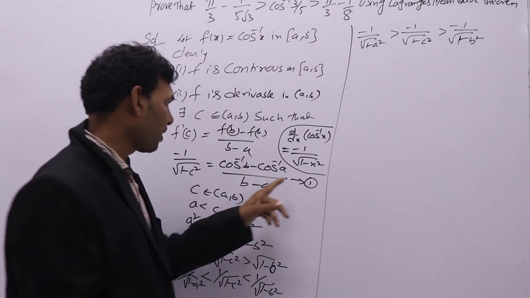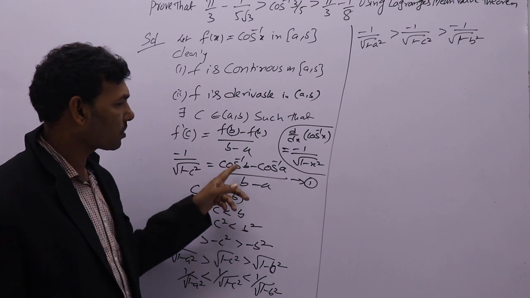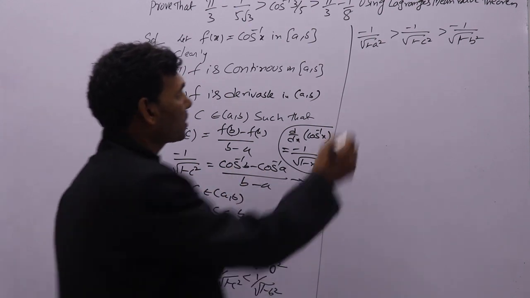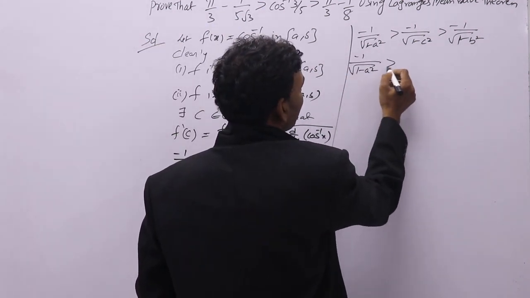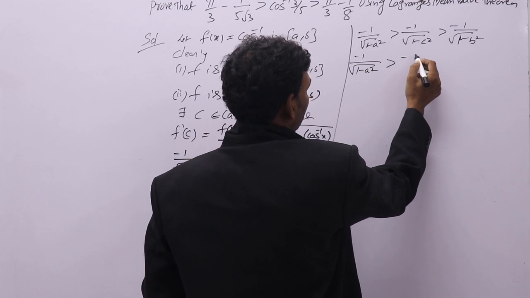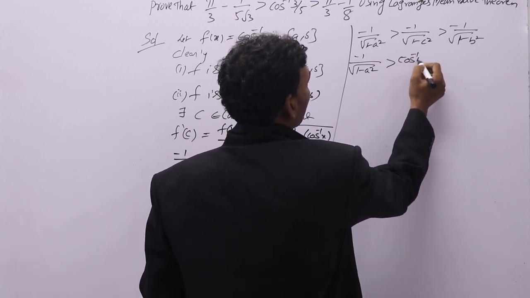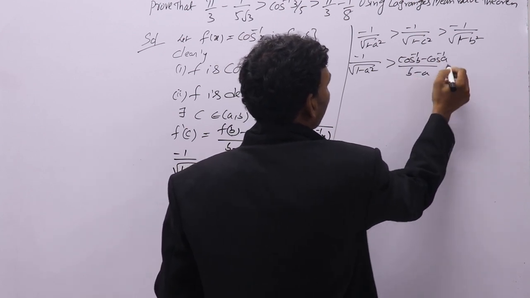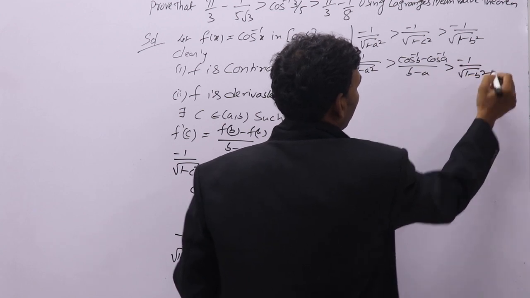So from the first equation, in place of minus 1 by root 1 minus c square, (cos inverse b minus cos inverse a) by (b minus a), we can replace. Now I am replacing: minus 1 by root 1 minus a square is greater than (cos inverse b minus cos inverse a) by (b minus a), which is greater than minus 1 by root 1 minus b square.